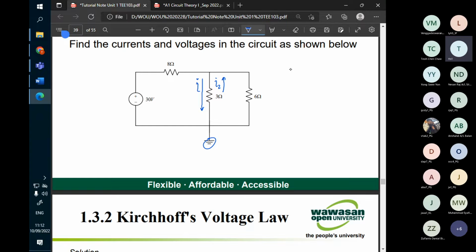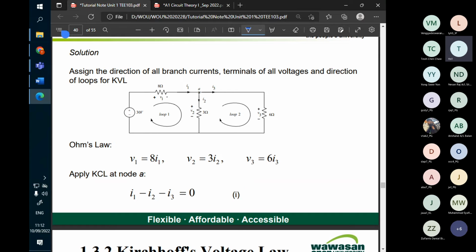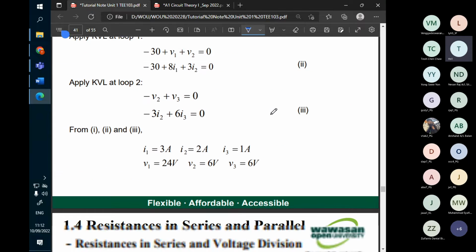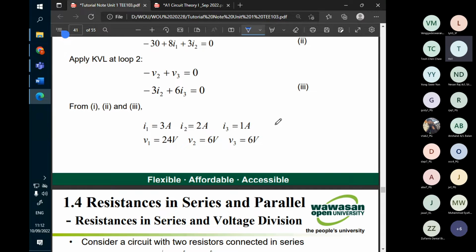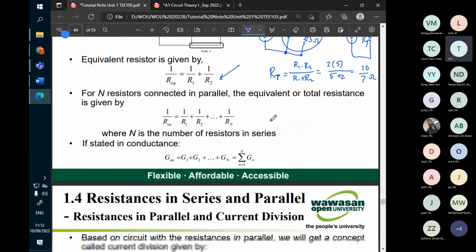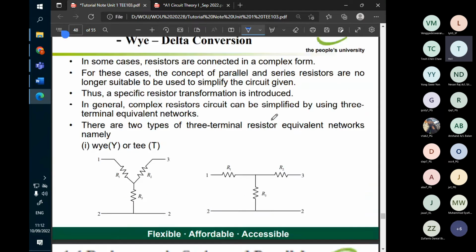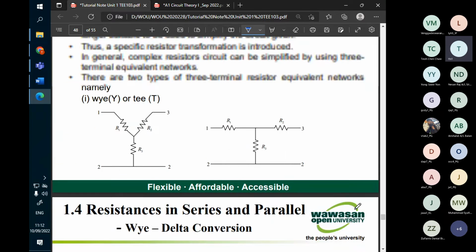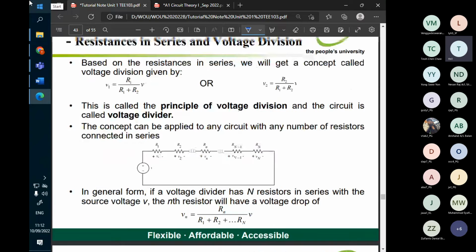When you go through the analysis, you'll find your answer to be negative. It means that what you assumed is the opposite direction. So the current you assumed going up is instead going down. From the answer, sometimes we can tell that the direction we assumed initially is totally opposite. Here, this one is all positive answer, but sometimes when we come up with a negative answer, it simply means that the one we assumed is totally opposite.